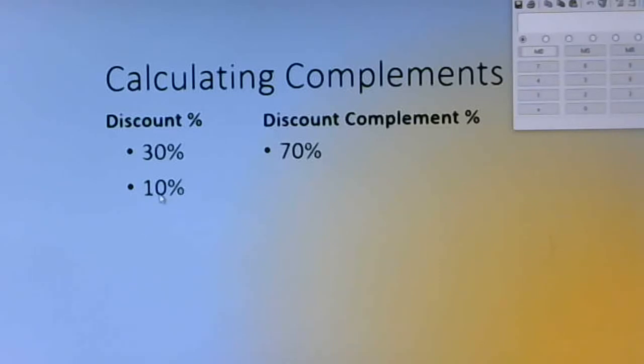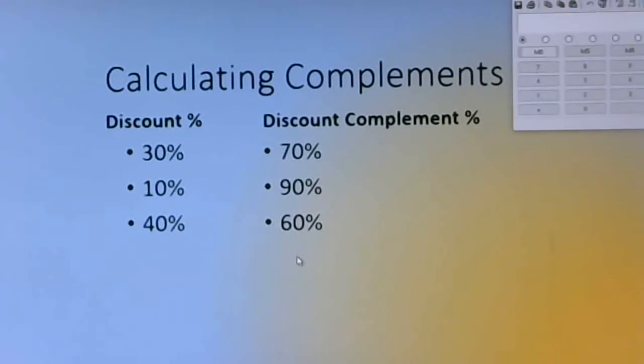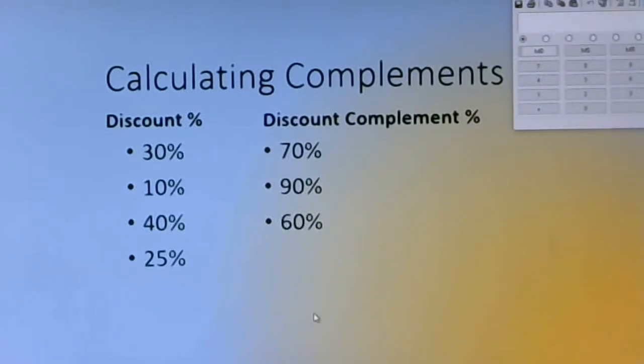Complement of 10, you got it? 90. You're saving 10, so you're paying 90. 40%, complement of 40 is 60. 100% is the full amount. If I'm saving 40%, then I'm paying 60%. You got it? Are you getting it?